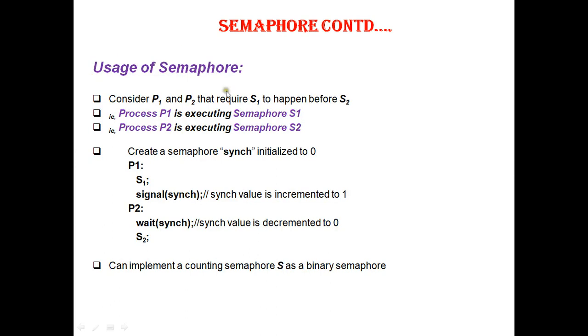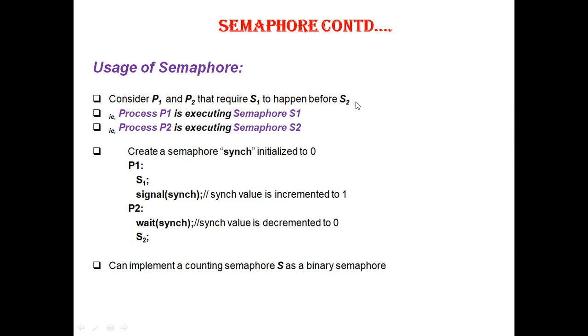Next, how do we make use of these semaphores? For example, consider processes P1 and P2. It says that S1 must happen before S2. That is, assume that process P1 is going to execute statement S1 and process P2 is executing statement S2, and S1 must happen before S2.